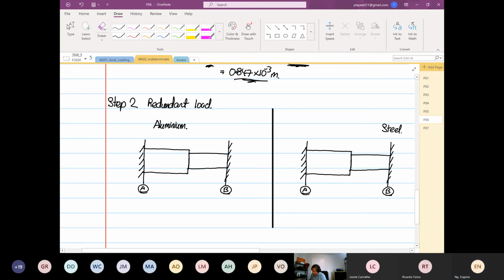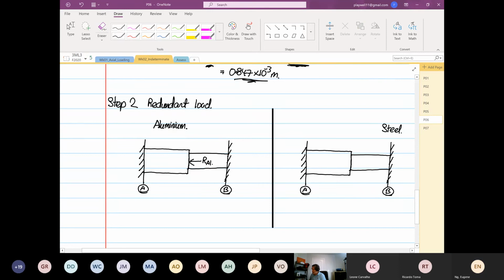For the aluminum, when it's touching, you have a redundant load during compression. This is R for aluminum.